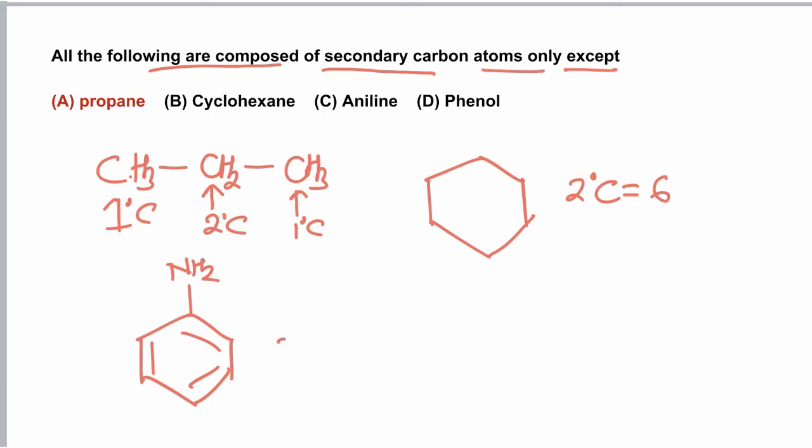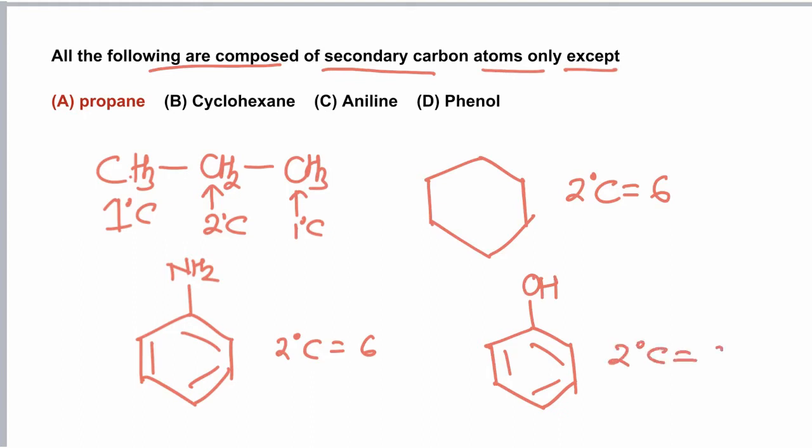So aniline also has 6 2 degree carbons. In the case of phenol, similarly all the carbon atoms are connected with 2 other carbon atoms. So 2 degree carbon is equal to 6. So only the propane molecule does not have all secondary carbon. It also has 1 degree carbon. So the correct answer is A.